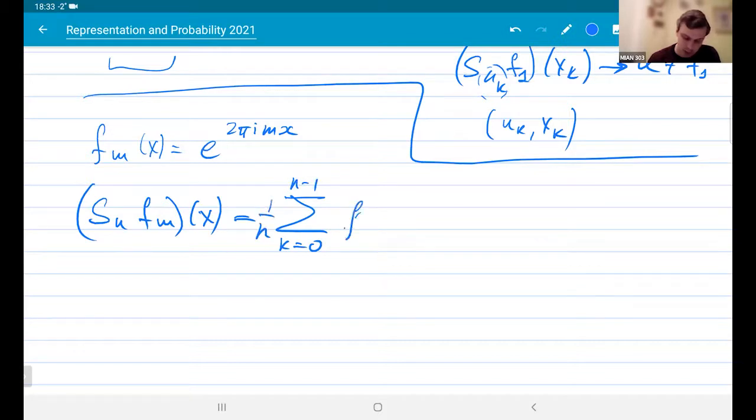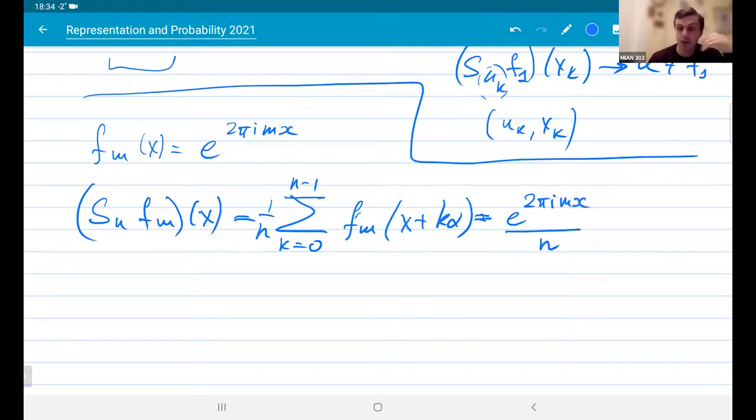of f_m of x plus k alpha, and so when you write down all these exponents, you have the common multiplier, this one, and then you have just the sum of a geometric progression.